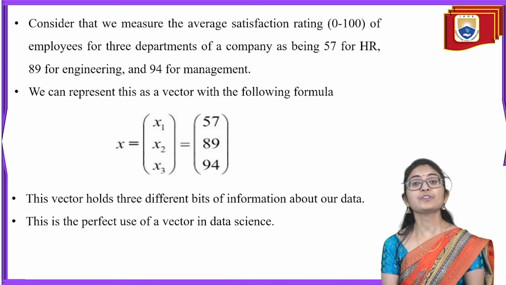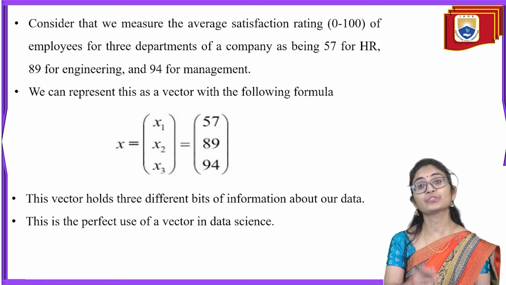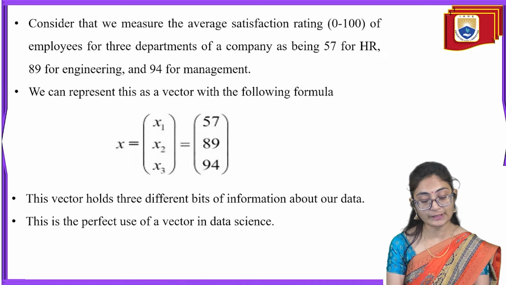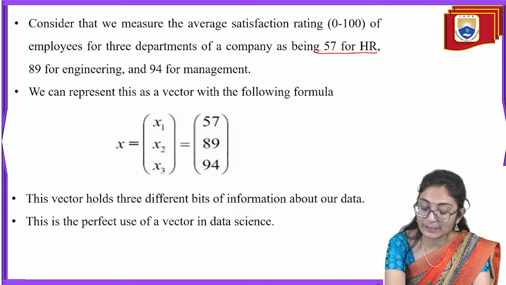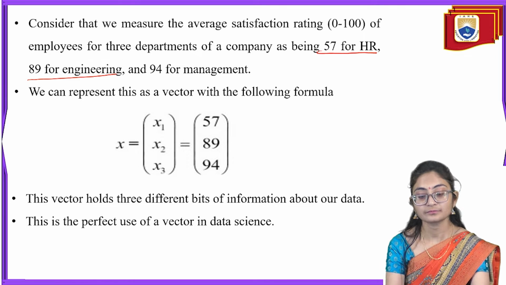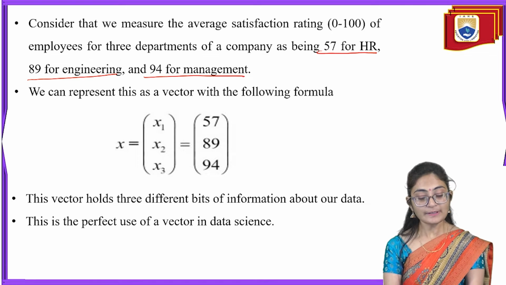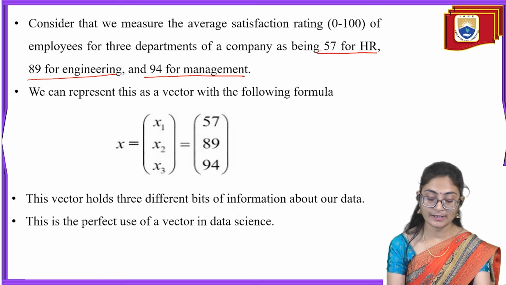Consider that we measure the average satisfaction rating from 0 to 100 of employees for 3 different departments of a company, as being 57 for HR, 89 for engineering, 94 for management. That means we can show these things in the form of a vector.